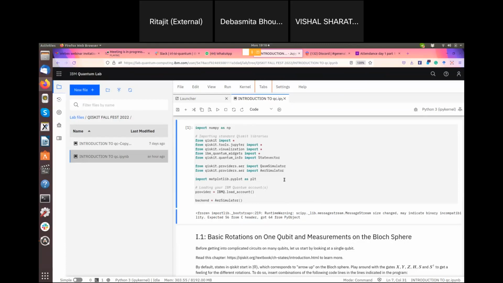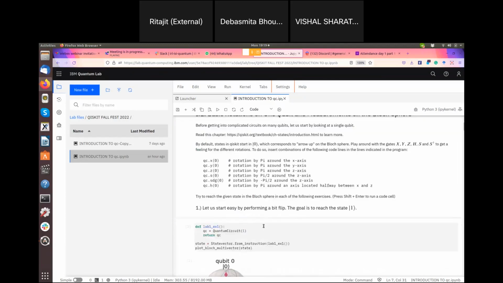So please follow the Qiskit textbook once this session is over, and I will share this Python file, or Qiskit notebook, with you all on Discord. So no worry with that.